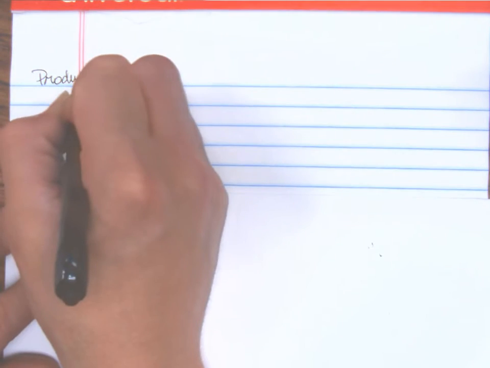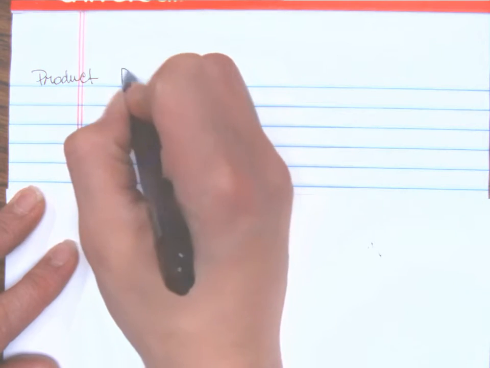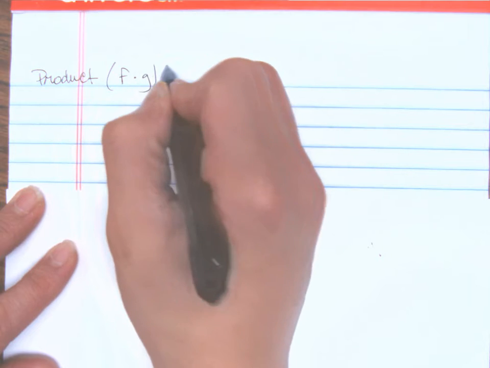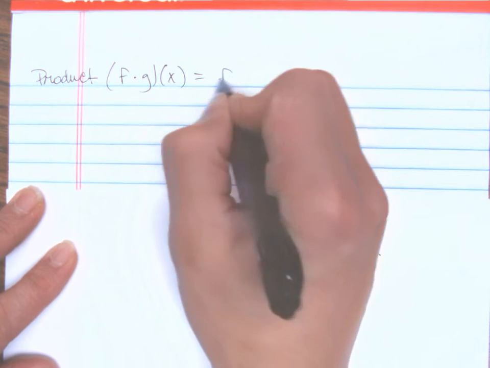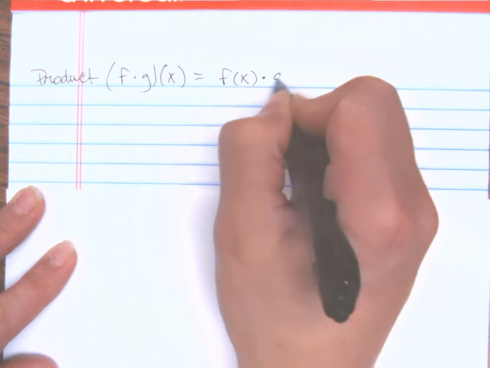Next, let's find the product. So we want to find f times g of x, and we said that was f of x times g of x.